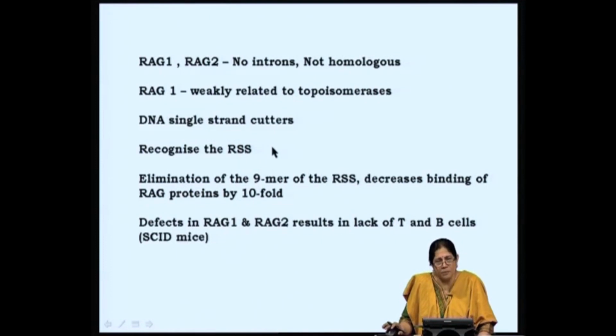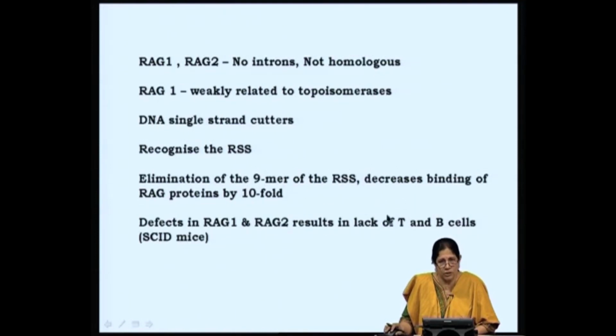I talked about the heptamer and the nonamer. Are both of these essential for the generation of this recombination? Interestingly, though everybody looked for the palindrome or the heptamer, it is the nonamer that appears to be very important, because elimination of this 9-mer of the RSS, the AT rich nonamer, decreases the binding of the RAG proteins by 10-fold.